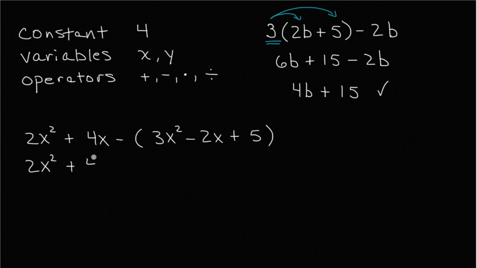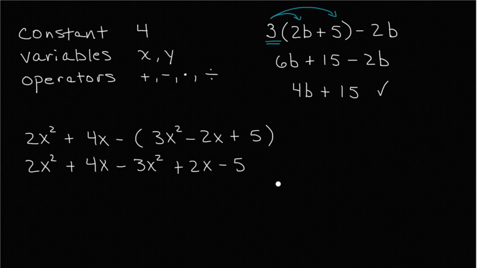So when we do that, we're going to get -3x squared plus 2x minus 5. In fact, what we've done is distribute the negative to everything on the inside, so we changed all the signs.